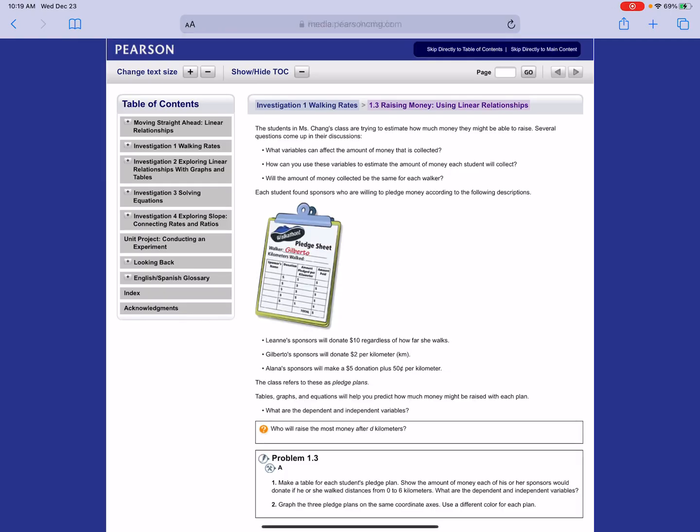Now, before we do any of that, I want to reiterate or redefine what independent and dependent variables are.